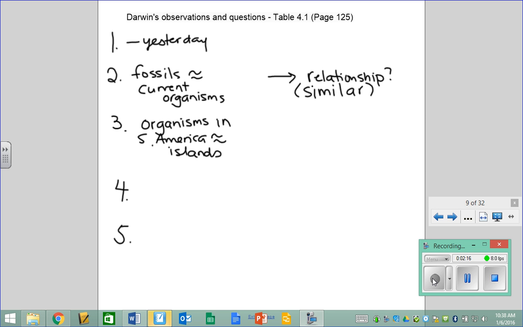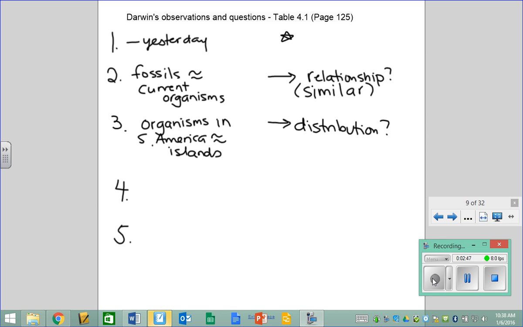And so he's again asking himself here something about the proximity of these organisms. Point one, which we did yesterday, I said he was really asking himself, why is there a distribution pattern? Why is what he saw in Europe not the same as what he's seeing in South America? And point three is really another point about that same thing. He's asking himself about the distribution of organisms.